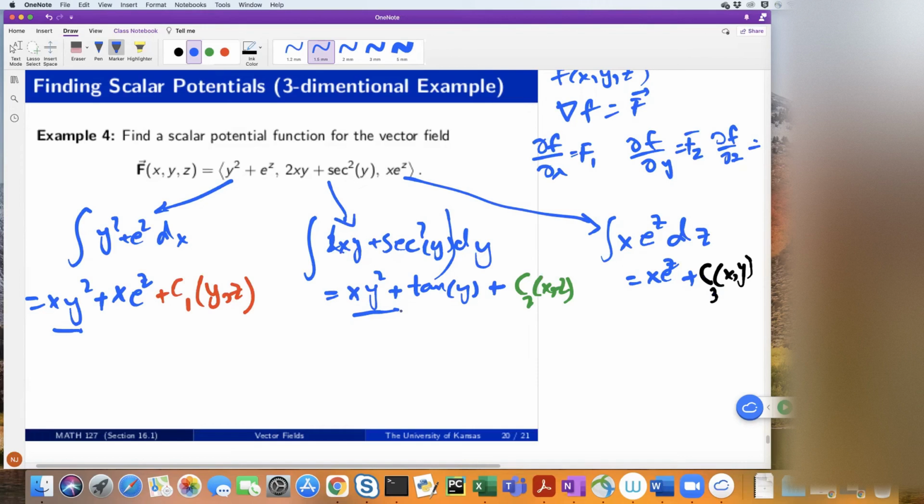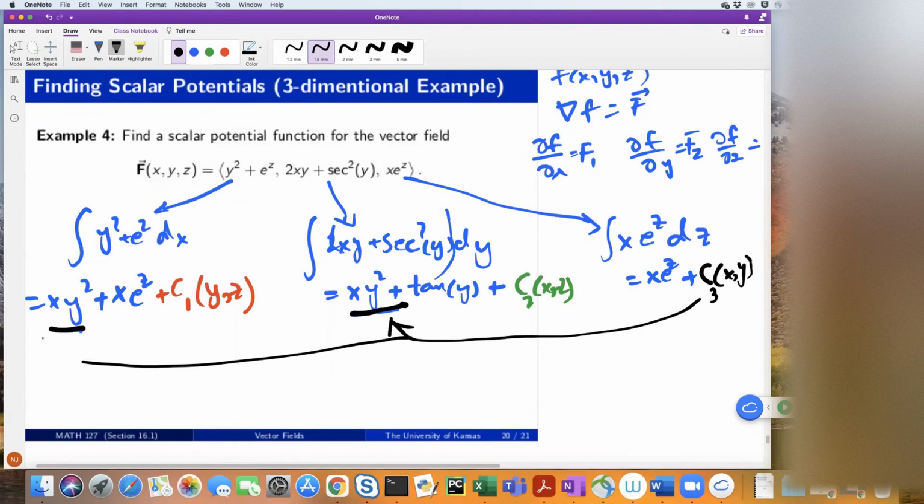Look at this one, you don't see them explicitly in the last piece. But wait a minute, xy squared, is that a function of x and y? Yeah. So this is okay. And this is okay.